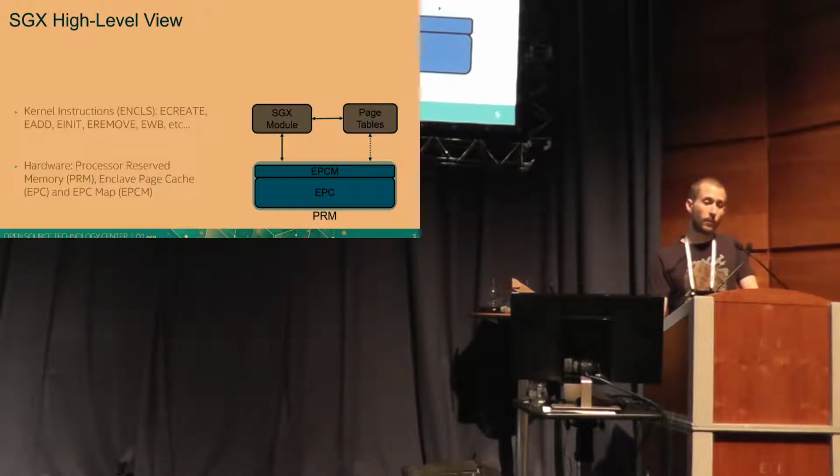There are mechanisms to evict pages from the EPC, so you can page out and page those back in. And the existing IA32 page tables also are in play here. All of your normal memory management that you do through page tables still exists with SGX. Part of the SGX module in Linux is configuring the page tables for access to the EPC.